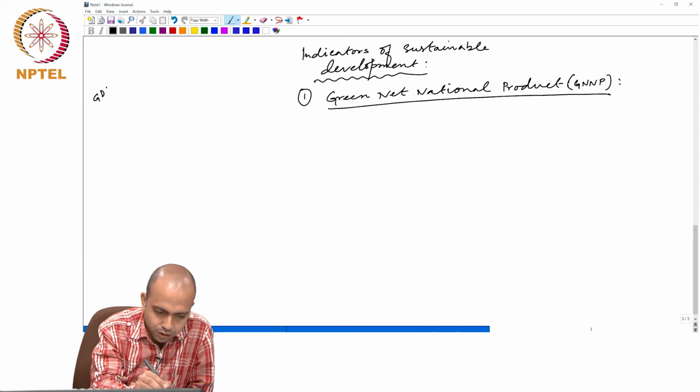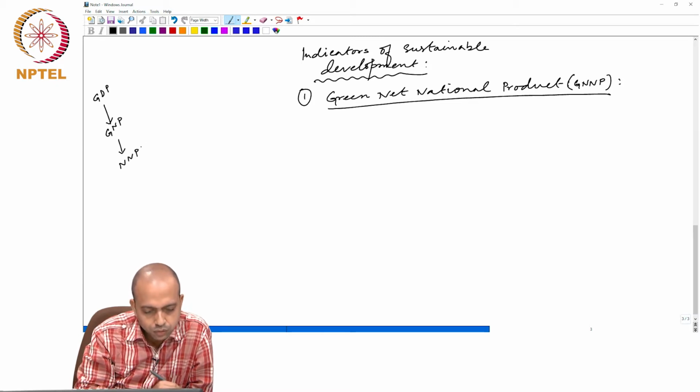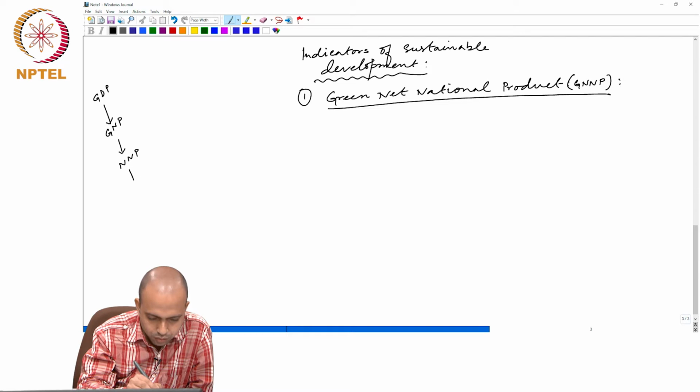GDP is modified as GNP, then that is also again modified as NNP. Or from here GNNP.